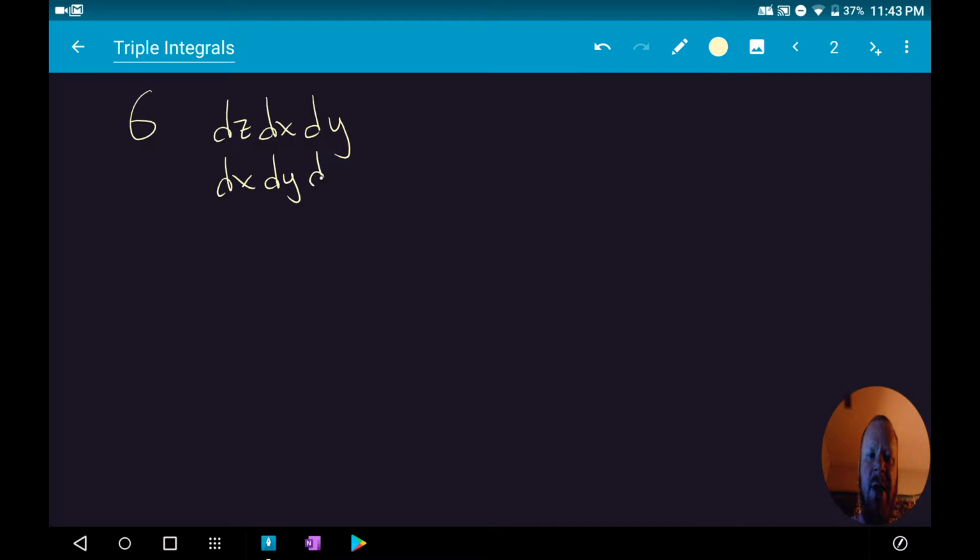I won't write them all out, but there's 6 of them. So I'm going to at least look at 3 ways to do it where I change that first integral that I do. So we'll see one where we do x first, y first, and z first. And the solid that we're going to be looking at is as follows.